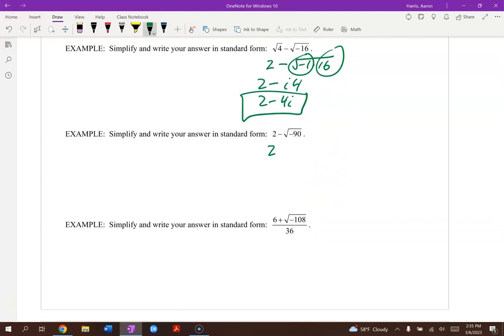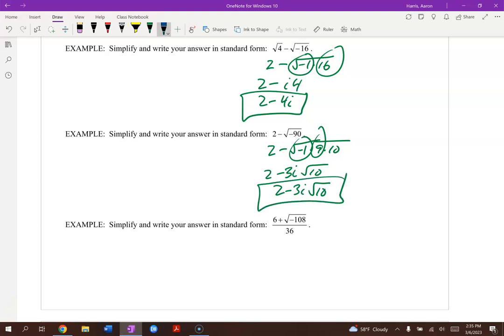Let's keep going with these. 2's already taken care of. I got -1 times 90. Let me do that as 9 times 10. There's my i. Square root of 9 is 3, right? That's 3 and 3. And I'm just left over with a 10. So 2 minus 3i root 10 on that.